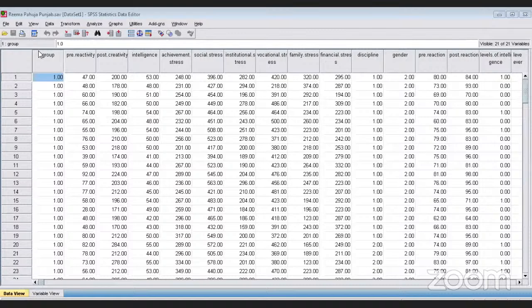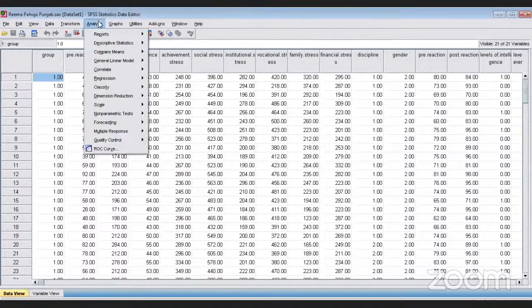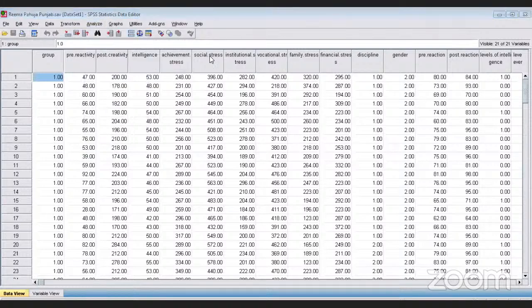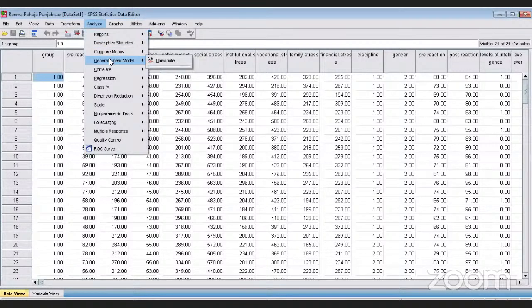Okay. So now you go to analyze, then go to general linear model. Analyze, go to general linear model and go to univariate. Now you click here.